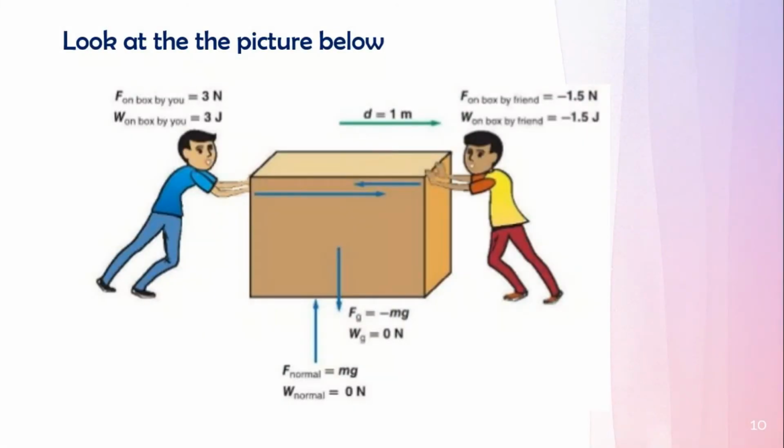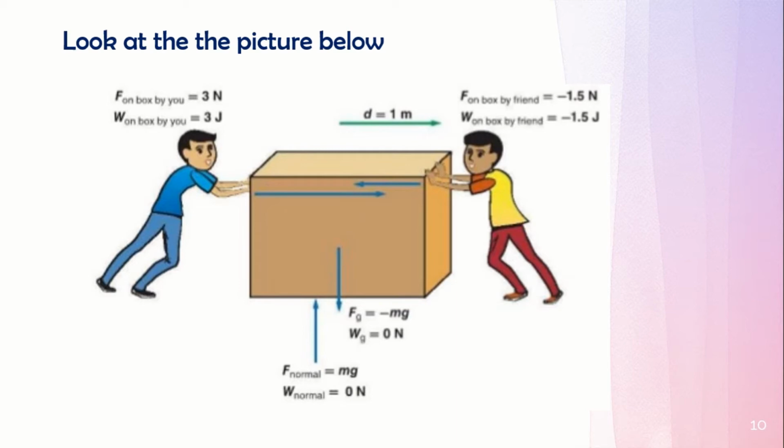Look at the picture below. There are two boys. You and your friend push the box. You push the box to the right and your friend pushes the box to the left. And the box moves 1 meter to the right.